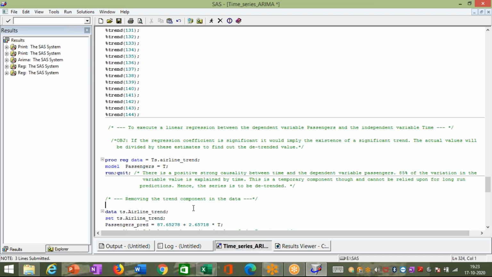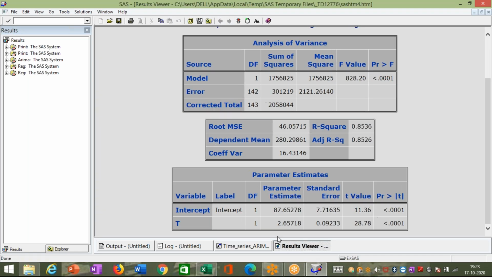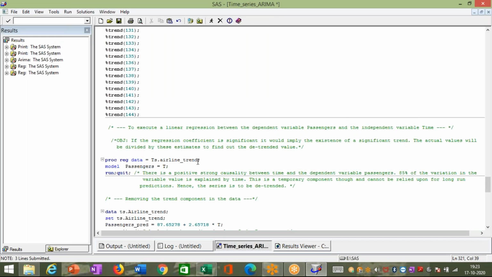Right. So now the equation that I have over here is 87.65270. I'll have out ES, so this will give me the exact regression coefficients.